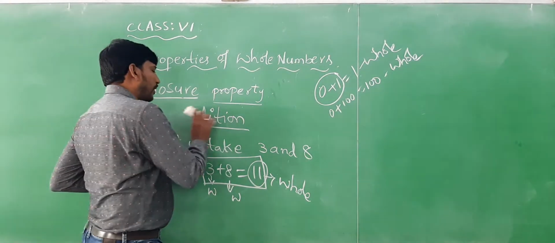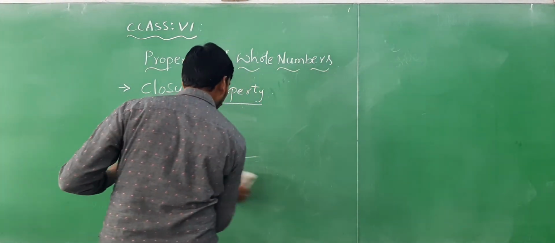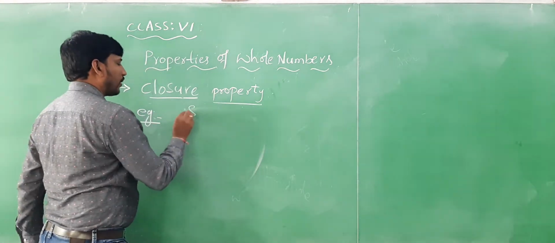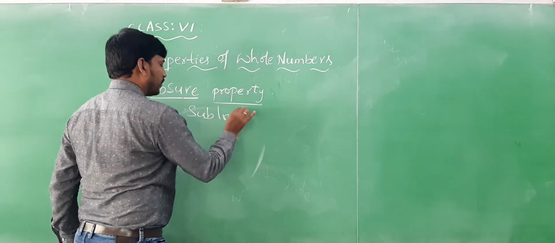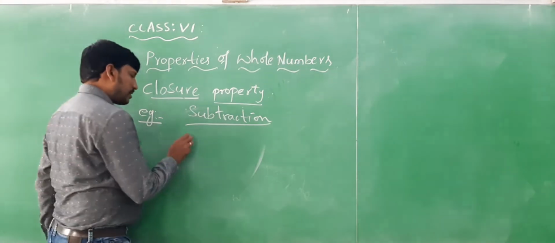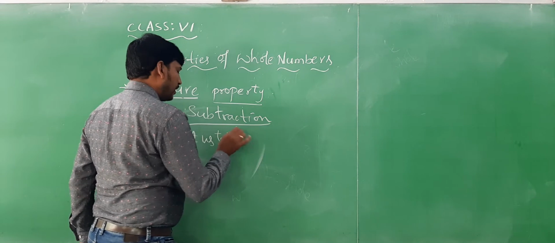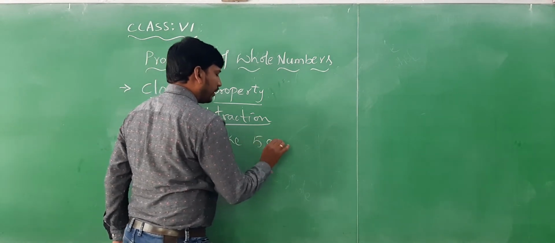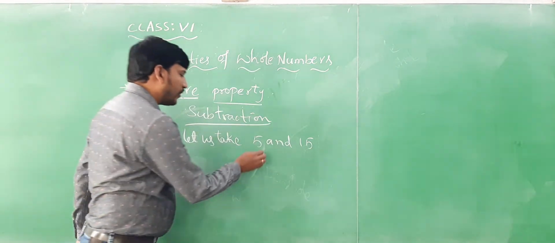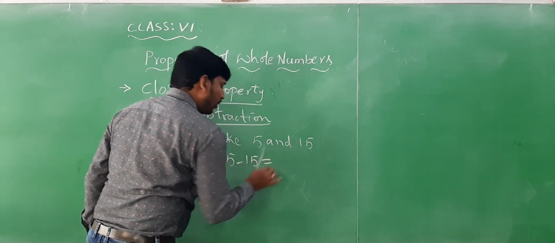Now we are going to discuss subtraction. Let us take any two numbers, 5 and 15. 5 is a whole number and 15 is a whole number. The subtraction is 5 minus 15. What is 5 minus 15?